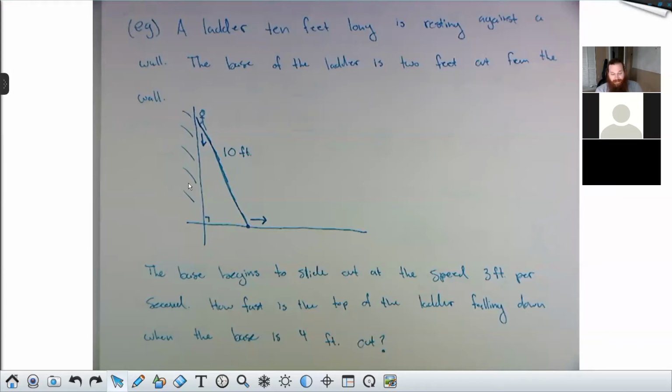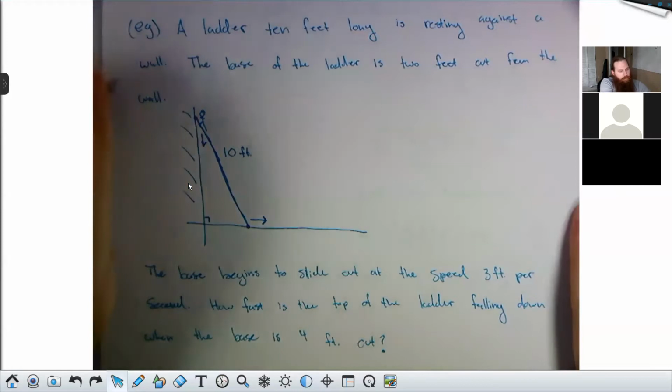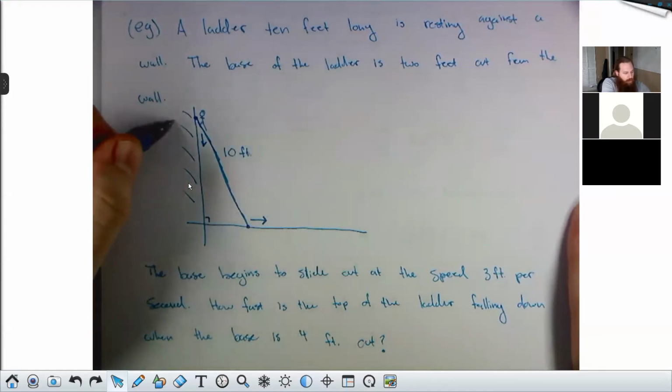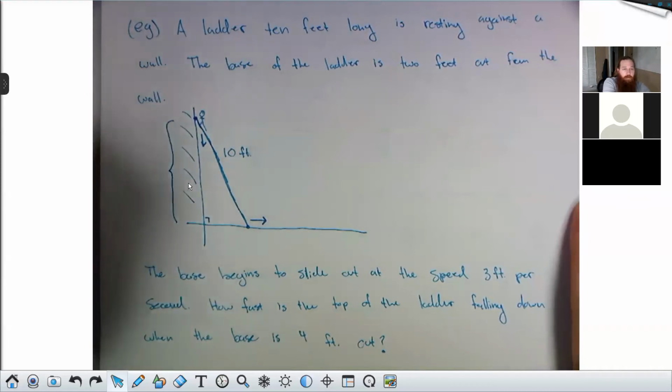So to answer this question, we need to invent some variables. And one of the big differences between this problem and the problem before, I gave you variables in the setup. Here you don't have any variables to begin with. So this is the height of the ladder, right?